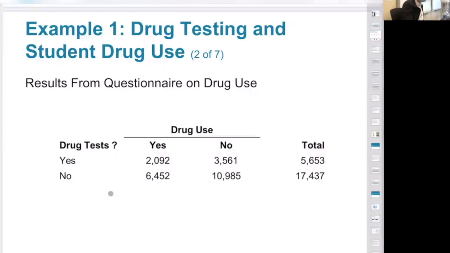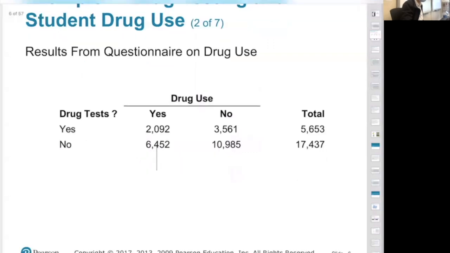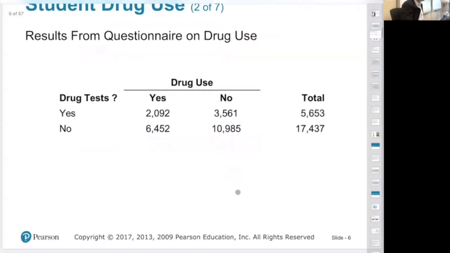These numbers are the number of students. For example, this is the number of students who use drugs and whose school makes the test. If you calculate the percentage for the drug tests yes, drug use yes, you divide this number by the total here. You will have the percentage of students who use drugs in schools that test.